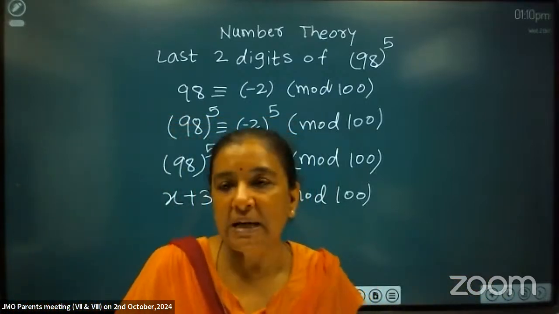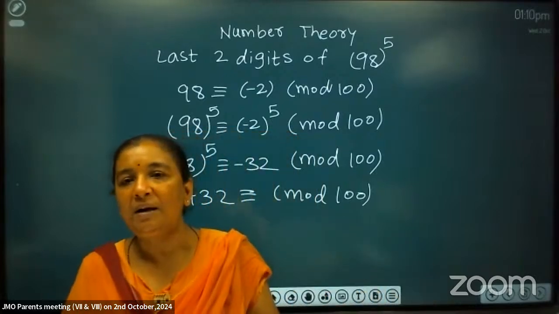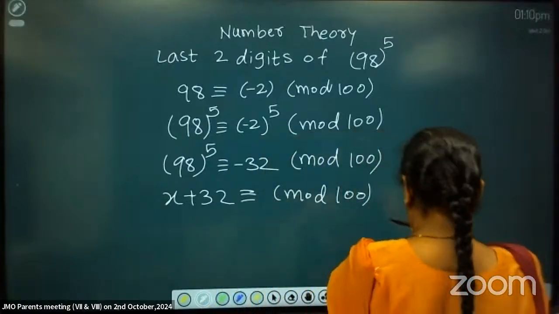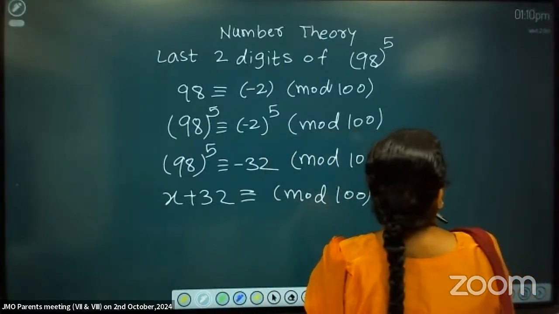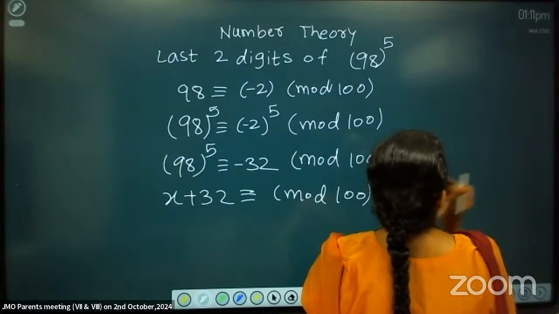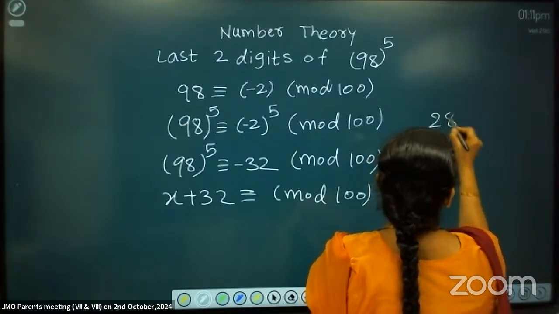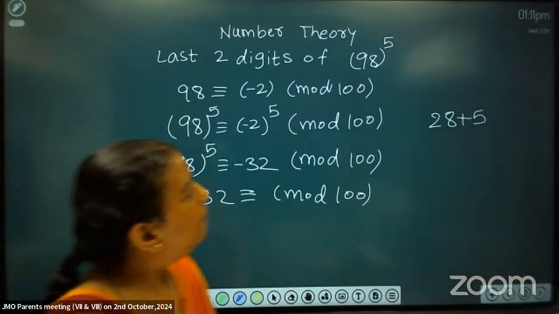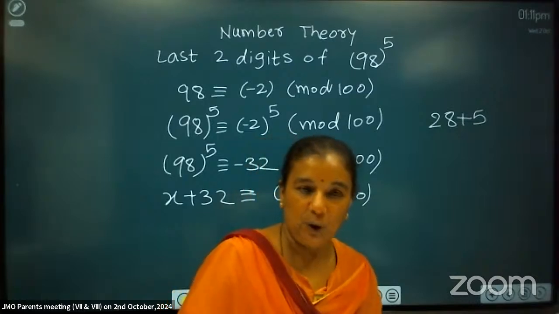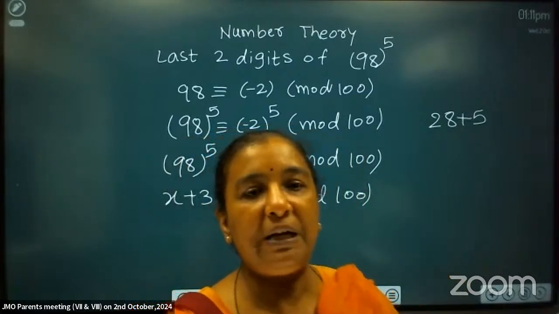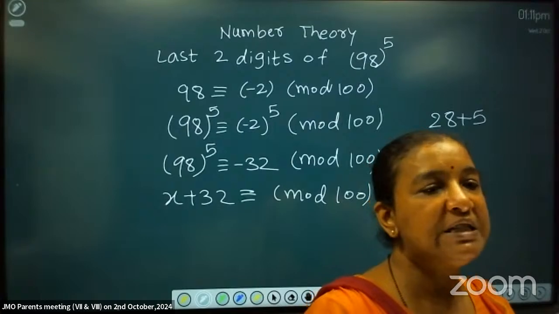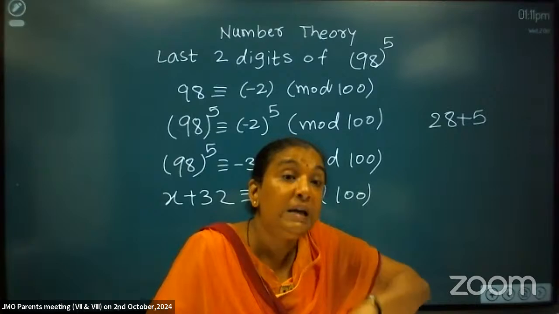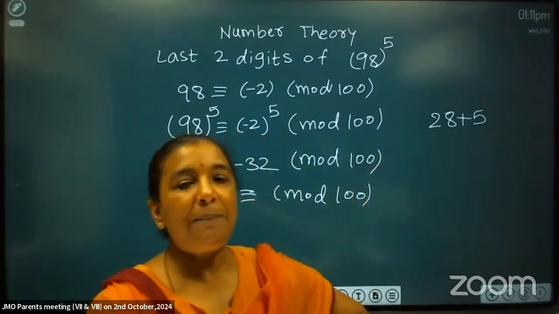So what is the previous number which is divisible by 100? Suppose, let me take an example. If I tell you 28 plus 5 is completely divisible by 11, then what is the earlier number which is divisible by 11?